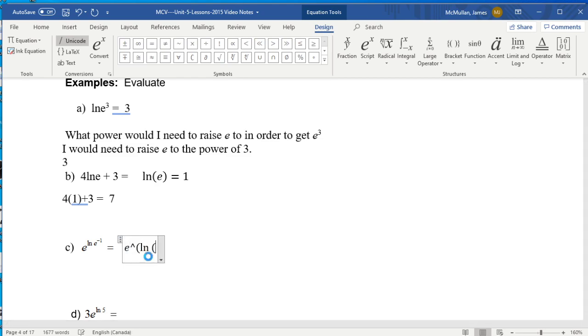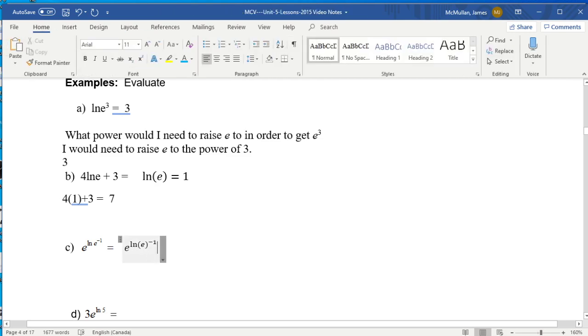That's what we have, right? Let's just concentrate on the top part. Concentrating on the top part, you should see that the top part all simplifies to simply -1, right? E to the power of -1 is e to the power of -1.